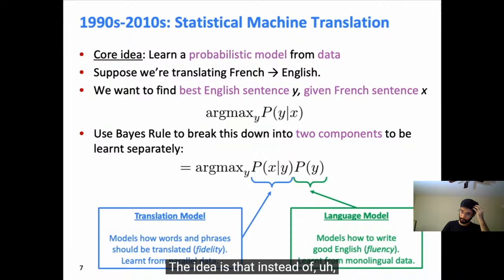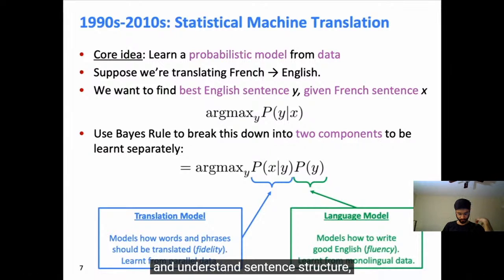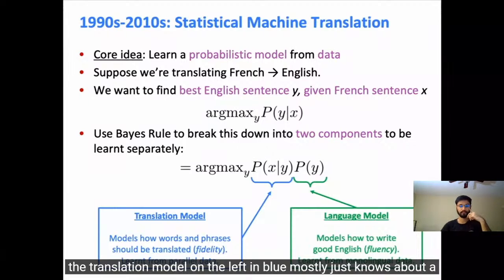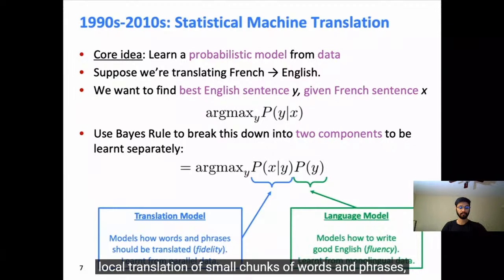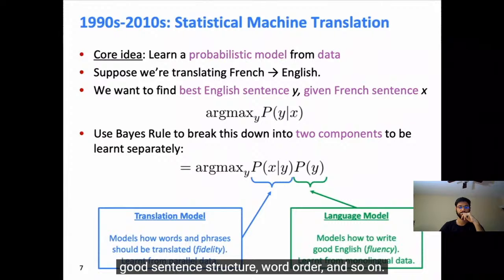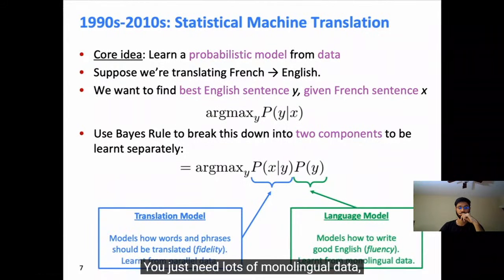The idea is that instead of a single conditional probability distribution needing to understand how to translate and how to write good English text and understand sentence structure and everything at once, you separate it so that the translation model on the left in blue mostly just knows about local translation of small chunks of words and phrases, whereas the language model on the right more takes care of writing good English, good sentence structure, word order, and so on. So you already know how to learn a language model, because we learned about that last time. You just need lots of monolingual data, in this case, English data.